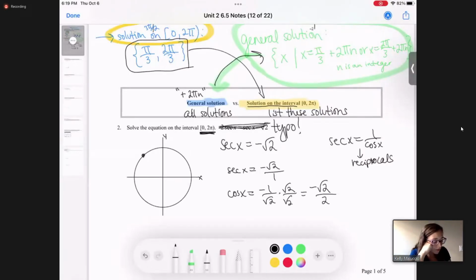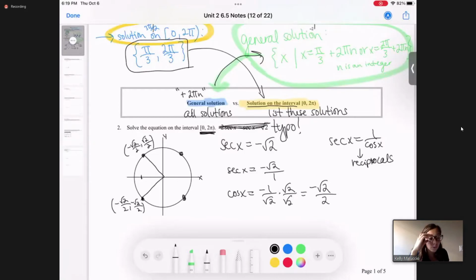At each of these points it's root 2 over 2, all the pi over 4s, but I want the negative ones, where x is negative. So this has negative root 2 over 2, and this one has negative root 2 over 2 and positive y.